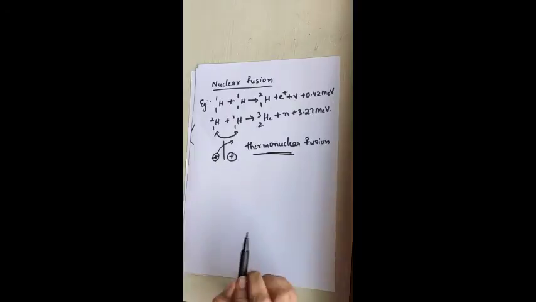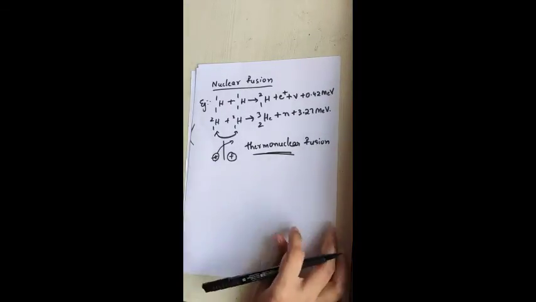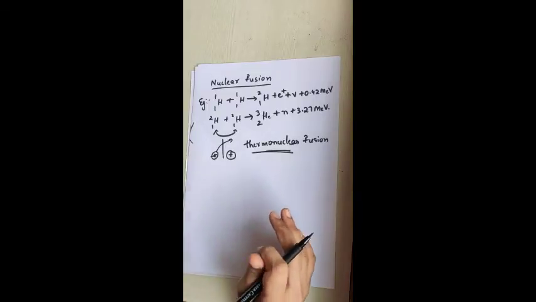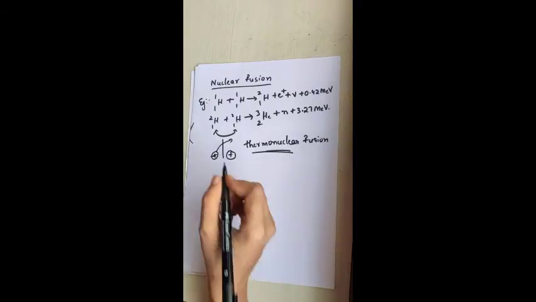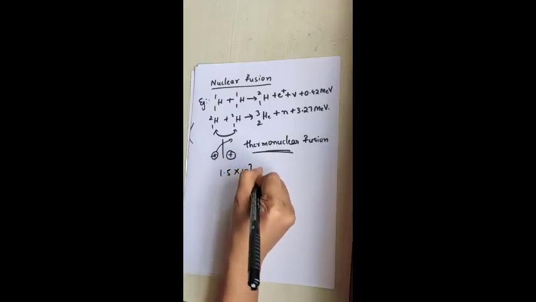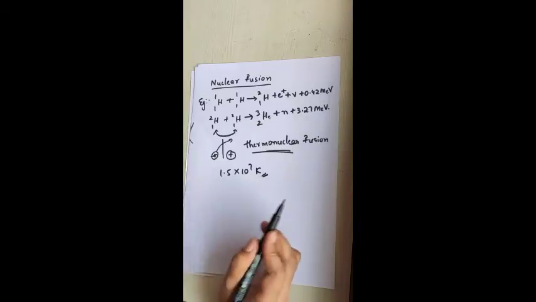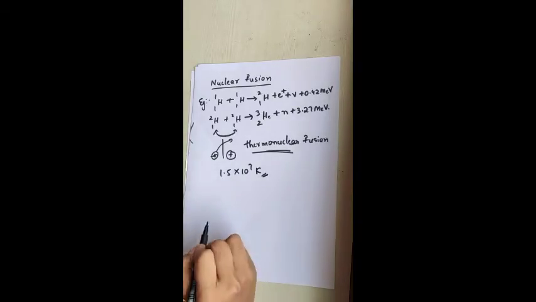That phenomenon is called thermonuclear fusion. This is what we find in the interior of stars and in the sun. We know that in the sun the temperature is around 1.5 into 10 power 7 Kelvin, right? So this temperature is very less for the fusion to take place.